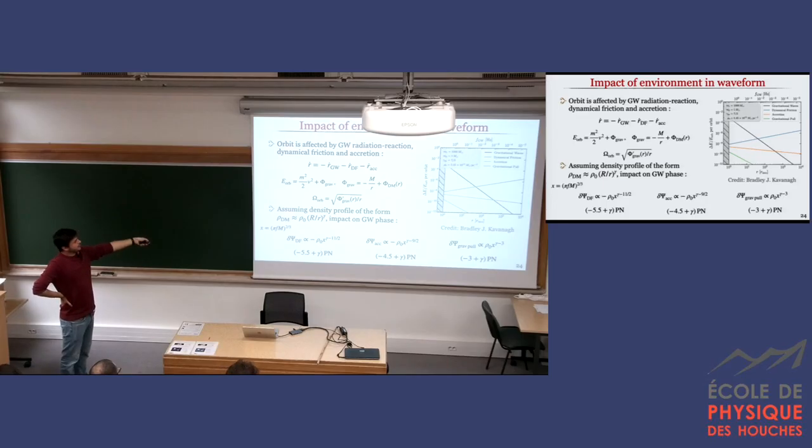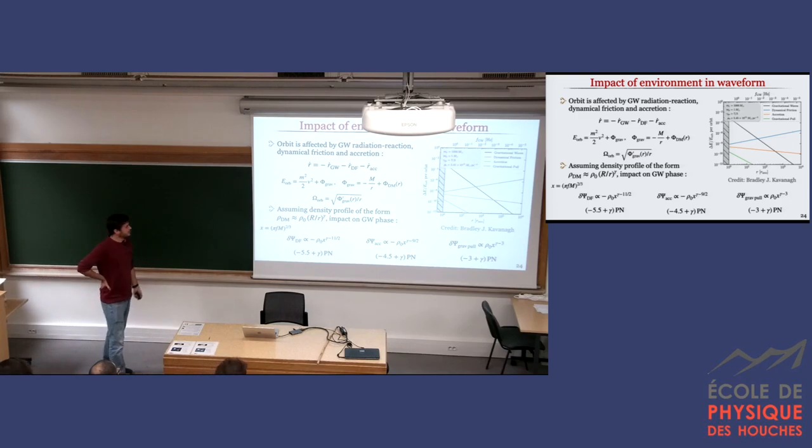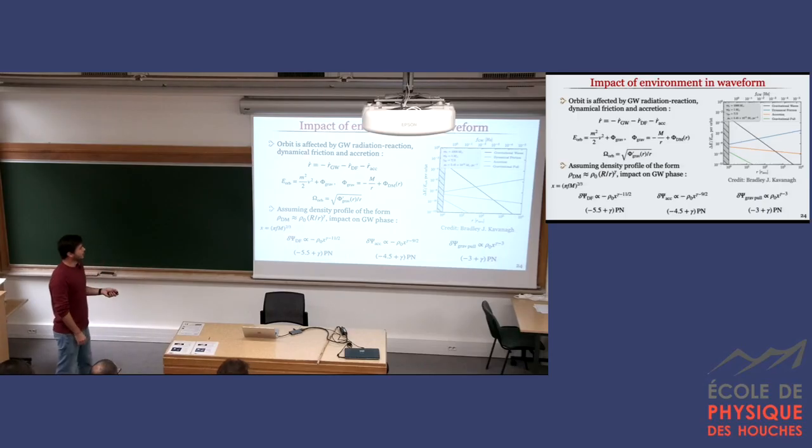And here, for the sake of simplicity, consider a medium that decays as 1 over some power of r with distance. This r is just some typical scale related to the typical size of your profile. You'll get to the conclusion that the corrections to your waveform in the PN phase will essentially be of this form.